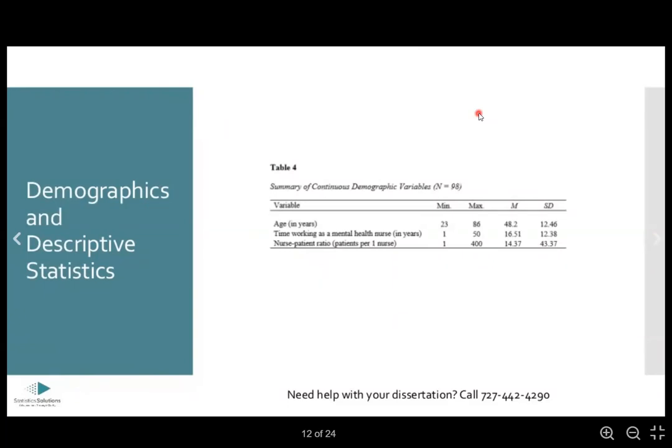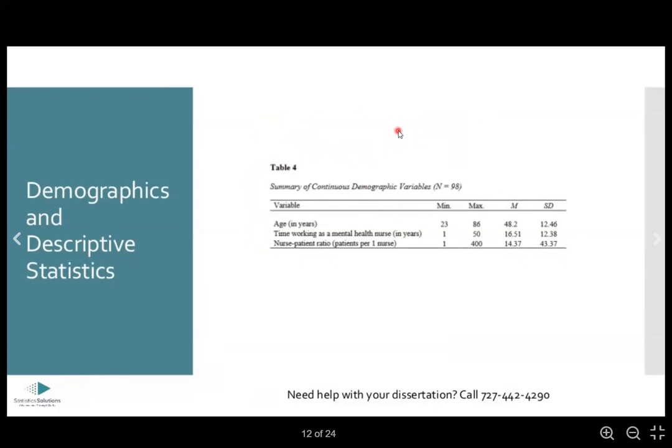Now another example. In this case, we are summarizing the continuous variables in the study. So we have our minimum, maximum, mean, and standard deviation. And in this case, they're summarizing age, time, and nurse to patient ratio. One way that you can make this a more rigorous visualization is to have a brief description above the table, giving you those highlights.